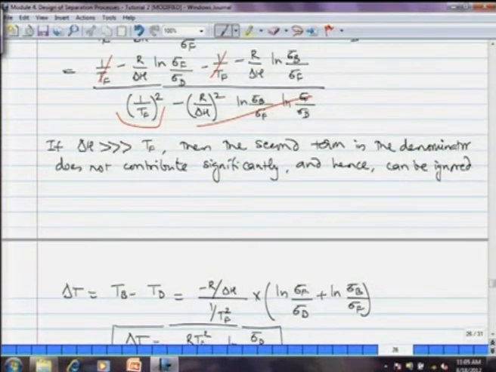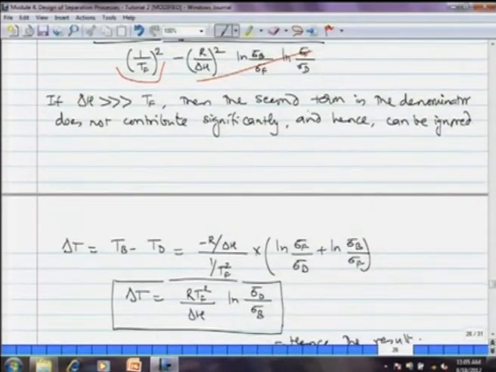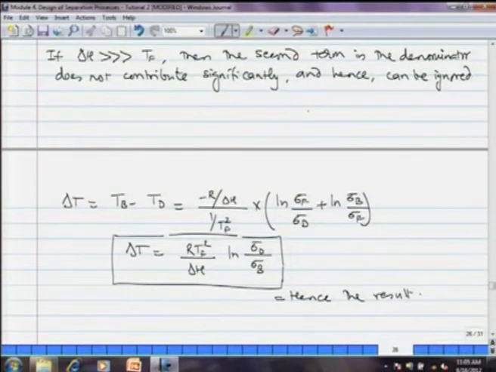Then what we are left with is delta T equal to Tb minus Td equal to R divided by delta H, divided by 1 by Tf square, and then the summation of ln sigma F by sigma D into ln sigma B by sigma F, that you can multiply.